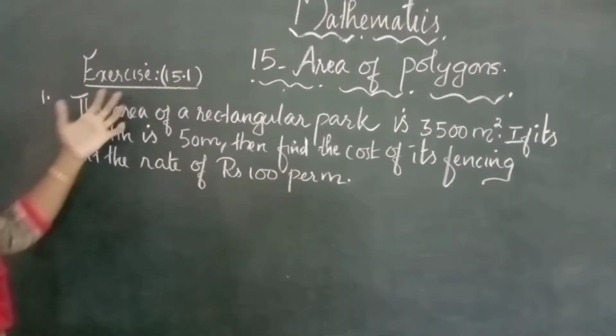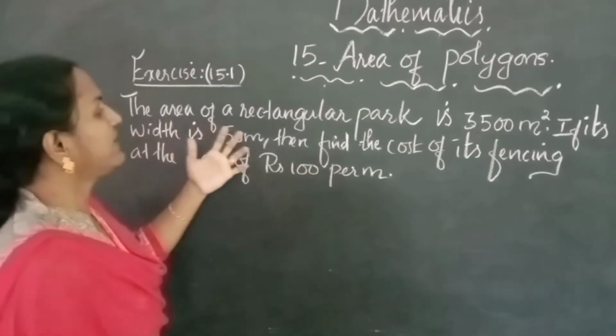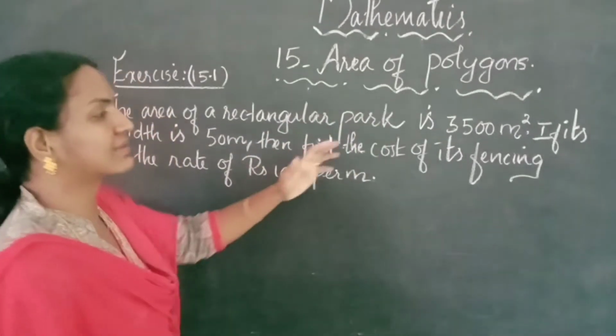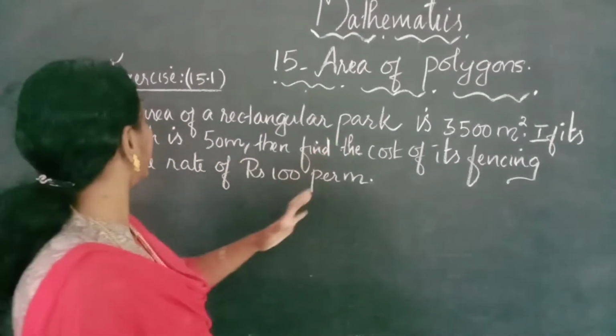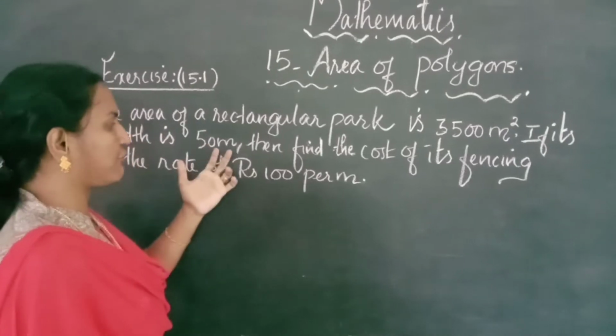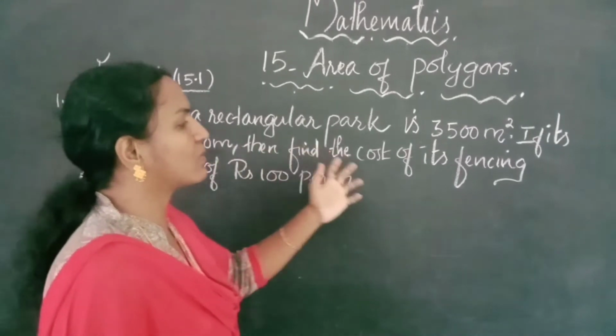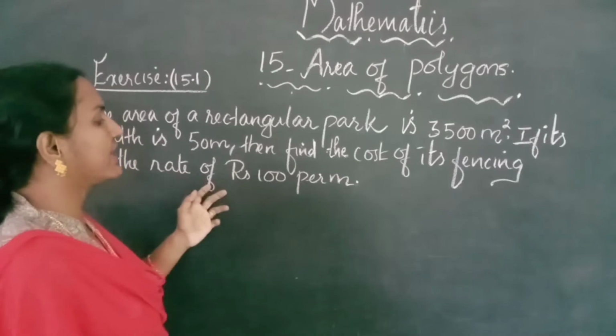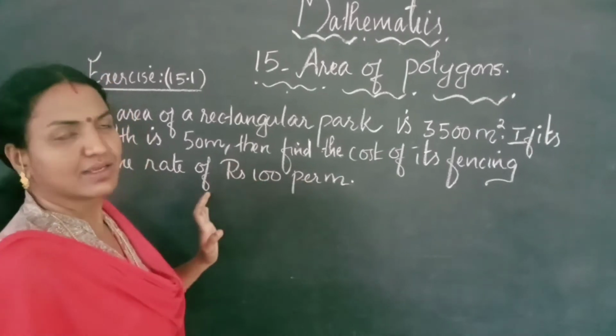Then first problem from exercise 15.1. The area of a rectangular park is 3500 meter square. If its width is 50 meter, then find the cost of its fencing at the rate of rupees 100 per meter.